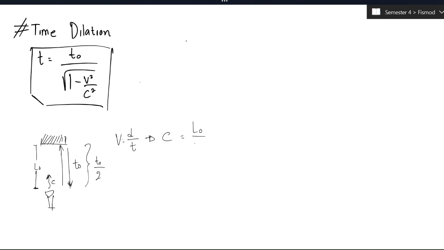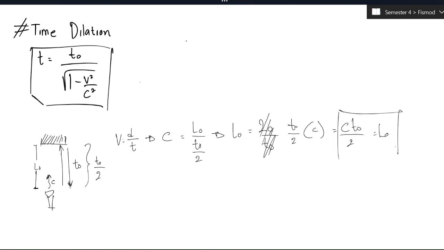So we're going to have the equation for L0 equals... wait, no, it's not like this. t0 divided by 2, okay, so t0 divided by 2 times c. There you go. This should be good. And yeah, equals L0. This is the correct one.